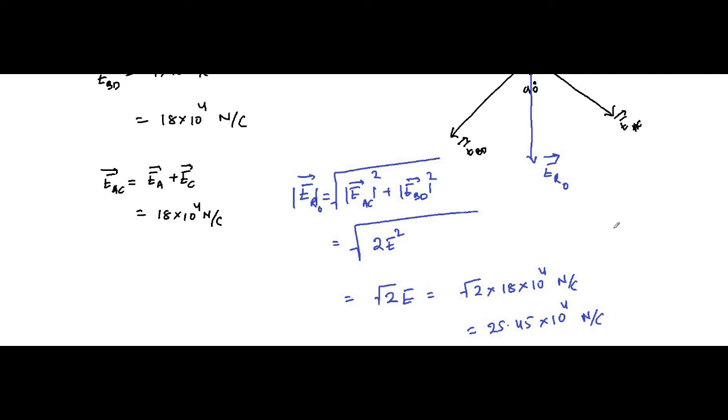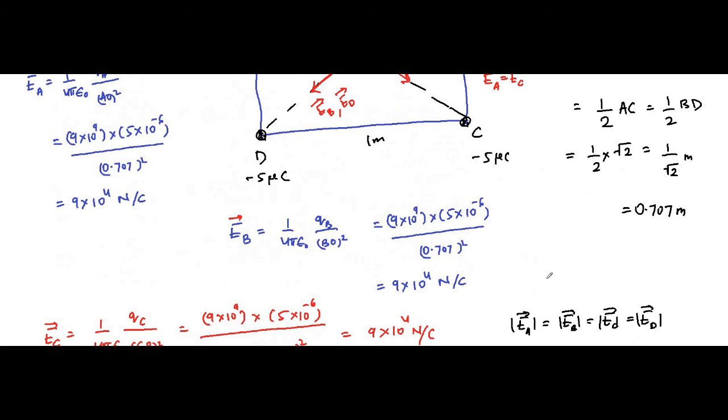That is the net resultant electric field, the magnitude, 25.45 into 10 to the power 4 Newton per Coulomb. That is the net electric field intensity.